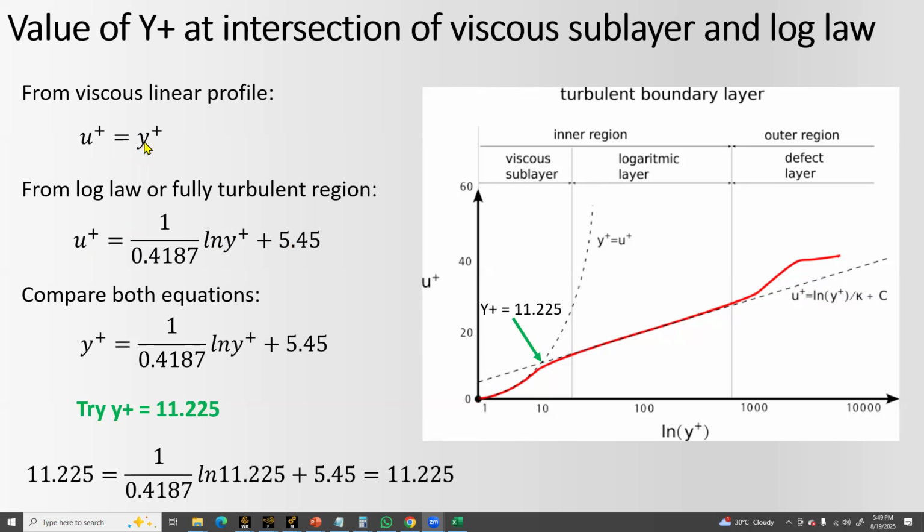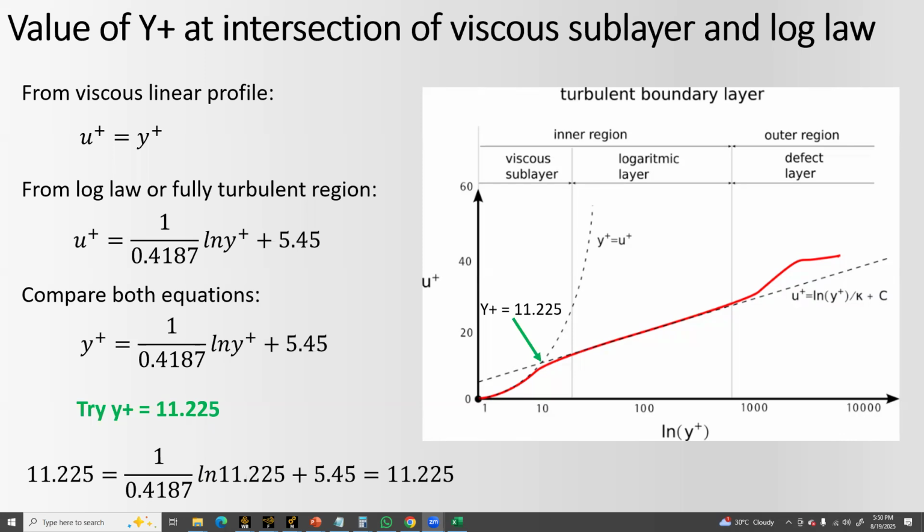So compare the right hand side for both cases, and this equation cannot be solved directly, or you can use computer numerical methods, and you can solve this equation. But by hand, it's not possible to solve. So I'm trying this because I know this value. I just tried the value, and I found that both sides are satisfied with this value. Okay, one value is 11.06.